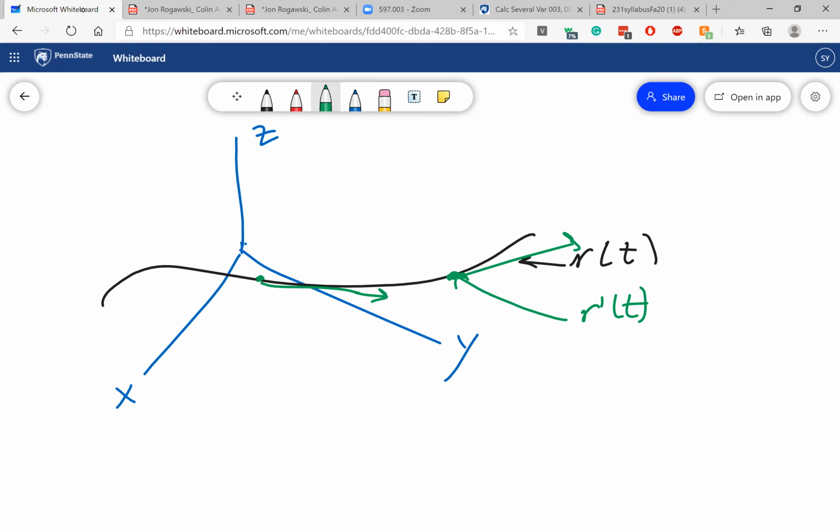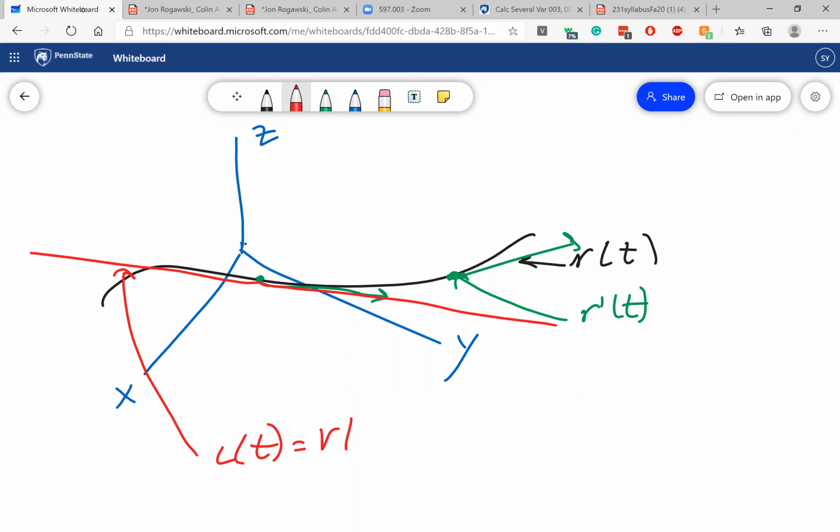And then in order to find the tangent line at this point, I would say, okay, my tangent line, let's call it L of t. It's going to be equal to the point where I'm at, so that would be r of t0, plus tv, but over here for the v, we now have r prime of t0.